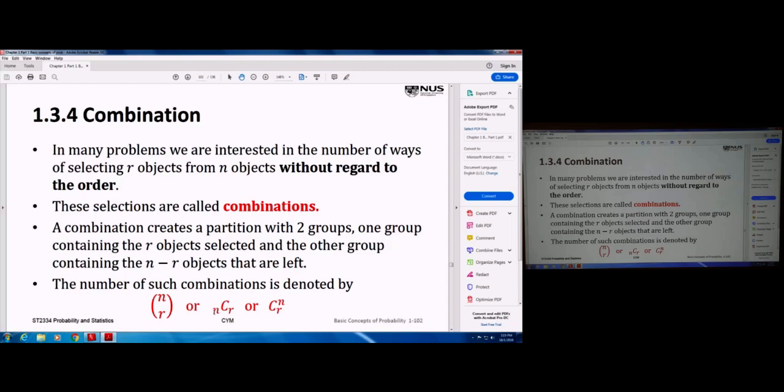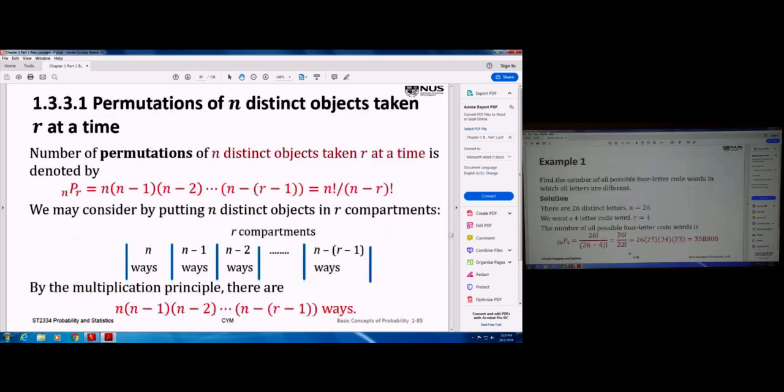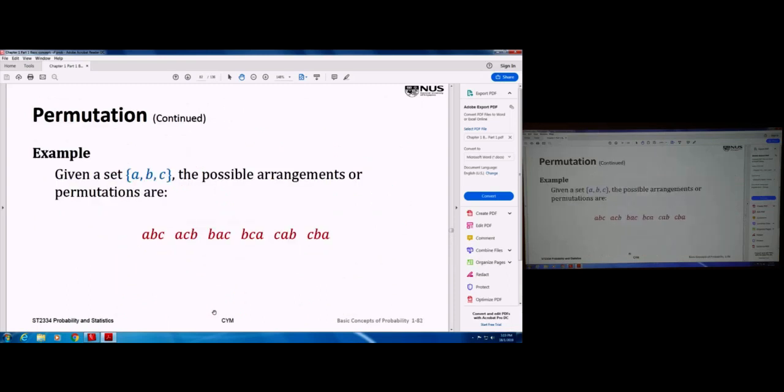So, for example, what do I mean by that? Well, let's go to our very first example of permutations. If you'd forgotten, you have A, B, C, and I want to choose those three things, and I'm interested in the number of possible ways I can do that. So this is the number of possible orderings that I have, right? But in combinations, I'm not interested in the ordering. If I have three things, and I want to choose three things from three things, and I don't care about the order, there's only one thing I can do.